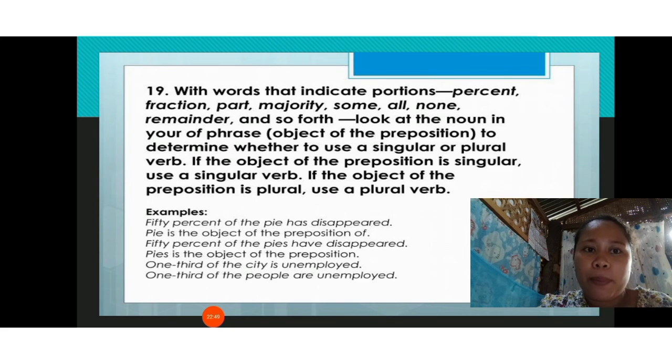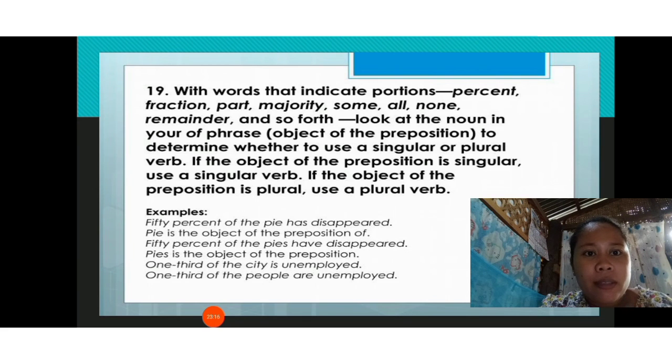Pie is the object of the preposition of. Another, 50% of the pies have disappeared. Our object of the preposition is pies, with an s, plural. So we use the plural form of the verb, have.